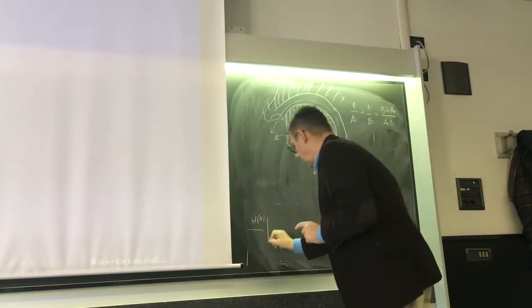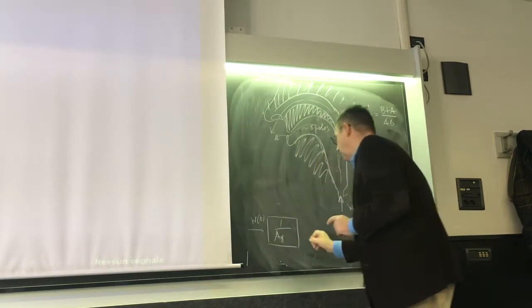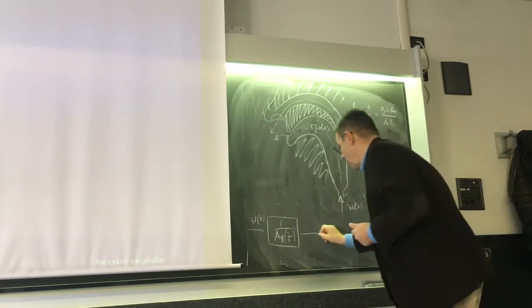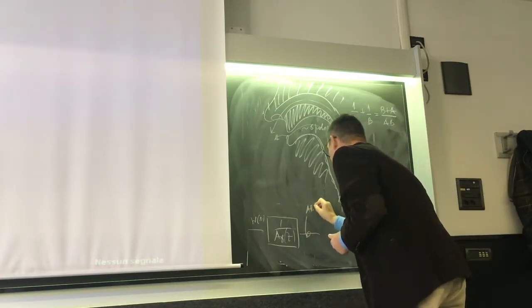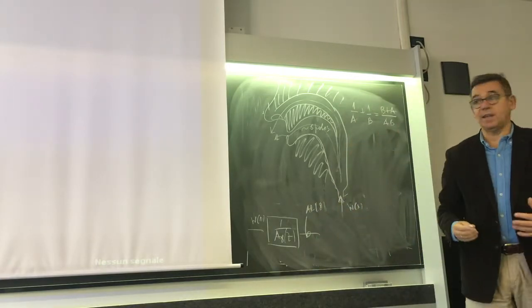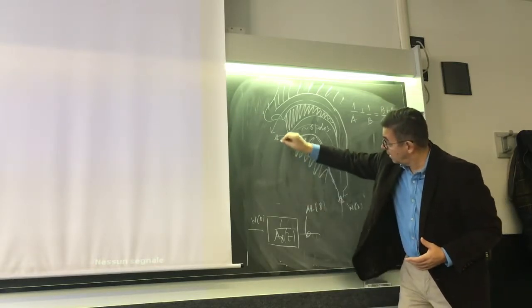Then I have this 1/A8 filter, which is 8 poles. So the random process is autoregressive of order 8. Now, what can I do here? Here is the voice. So what I get here is the voice.